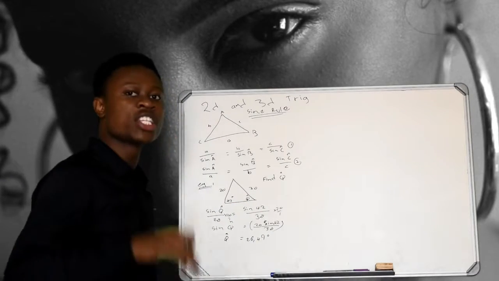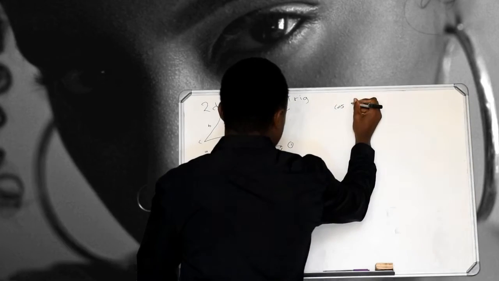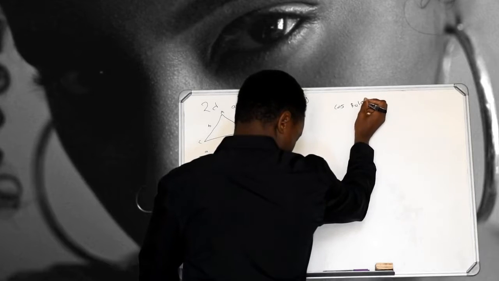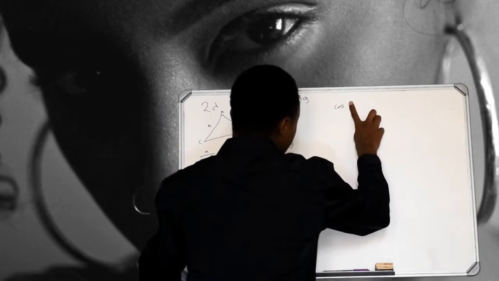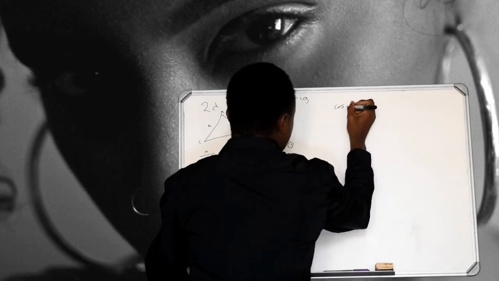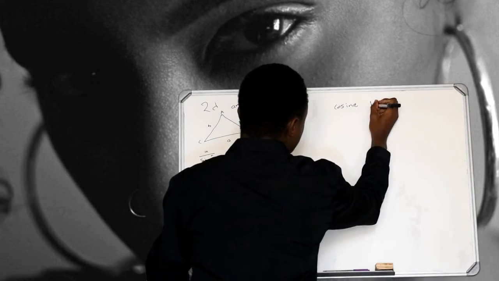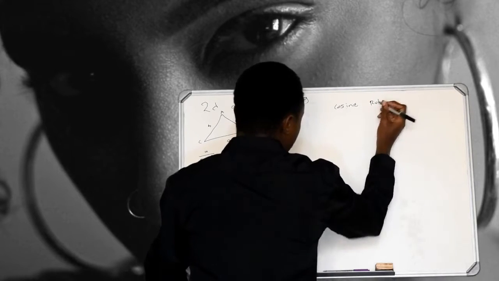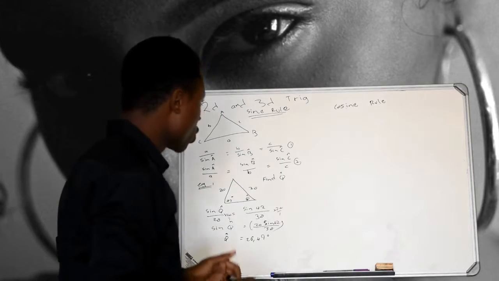So what do we look at now? Let's look at the cos rule. You can call it the cosine rule. Let's look at the basics again of the cosine rule.